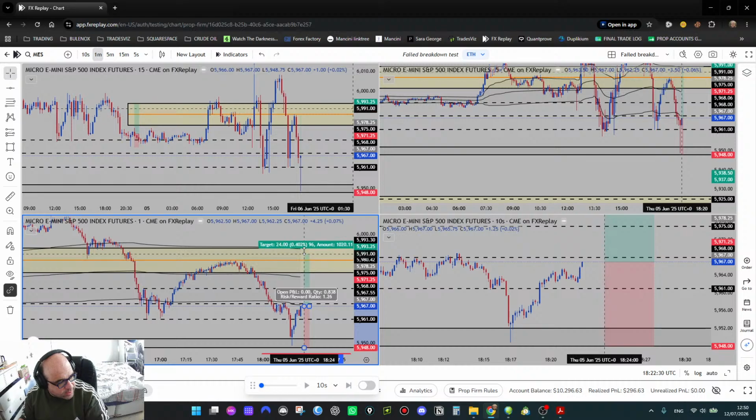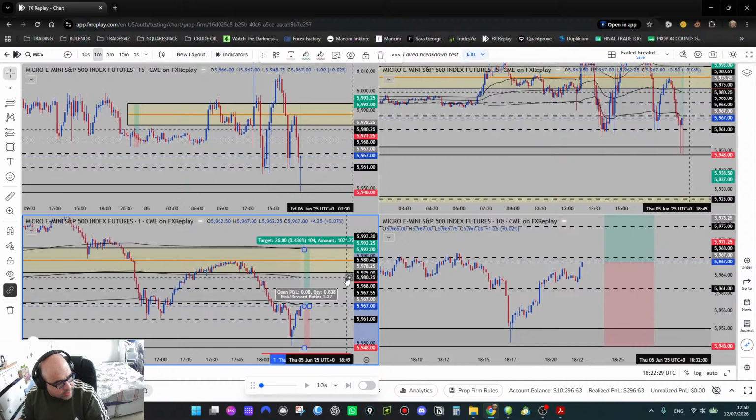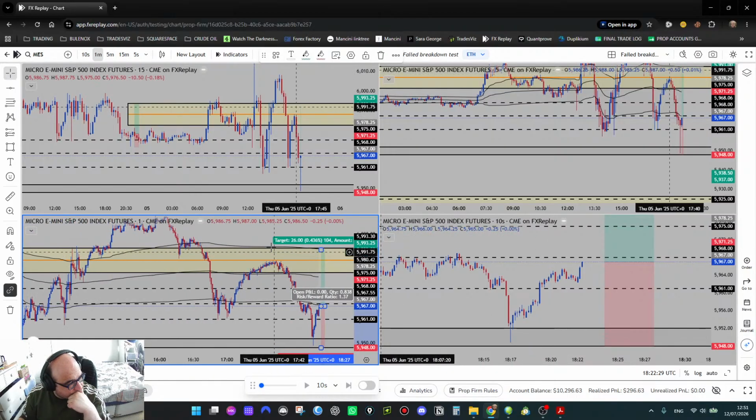And I'm going to take my first. I'm going to be aiming, so it's 1.3 risk reward. It's not much. Okay, I'm going to be aiming this with a scale out. Let's see how many highs I have.